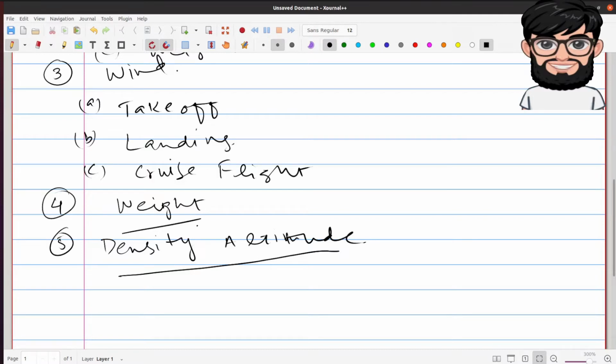Okay, and under standard conditions, pressure altitude and density altitude identify the same level. So basically, density altitude is the vertical distance above sea level in the standard atmosphere at which a given density is found.